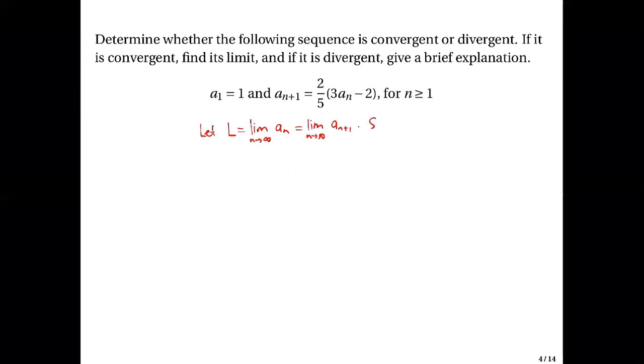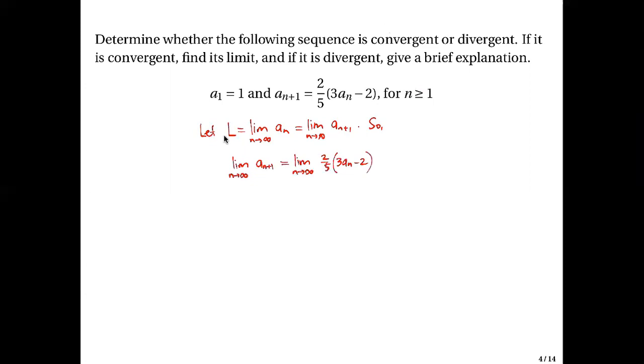So if we get the limit of this guy, this is equal to the limit of the other guy. So the limit as n approaches plus infinity of a sub n plus 1 is equal to the limit as n approaches infinity of 2 over 5 times (3 a sub n minus 2).